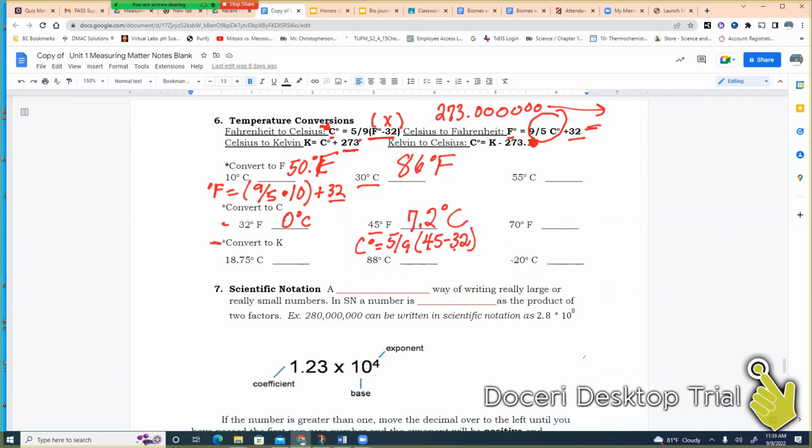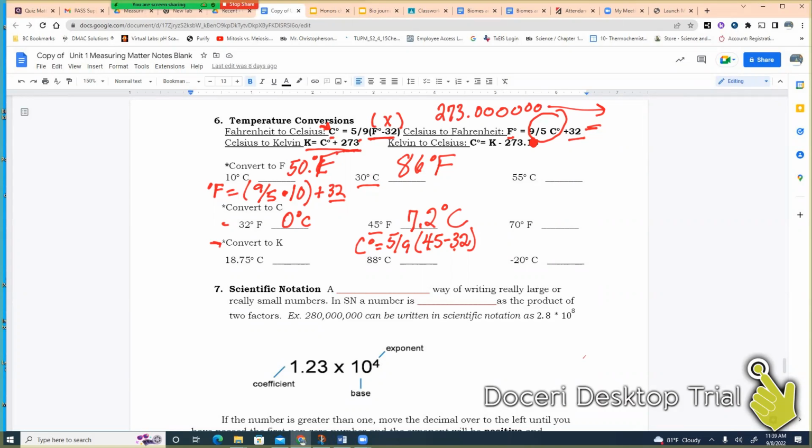Then we have the nice easy one that we really end up using the most. If I have degrees Celsius and I want to get to Kelvin, I just have to add 273 to it. I don't have to do all that other stuff. So 18.75 plus 273.